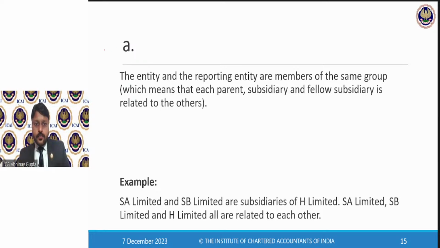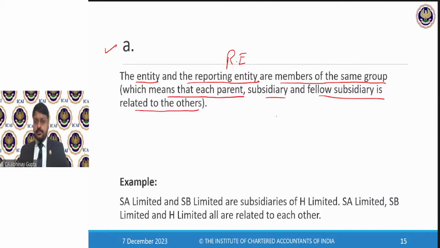Okay. So the first clause is that the entity and the reporting entity (RE) are members of the same group, which means that each parent, subsidiary, and fellow subsidiary is related to each other. So this is H Limited.